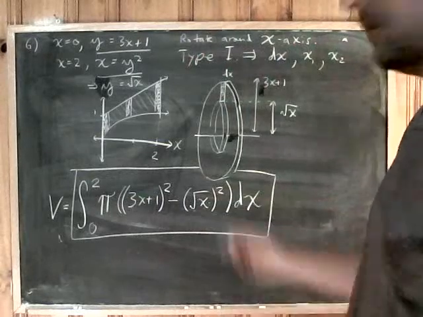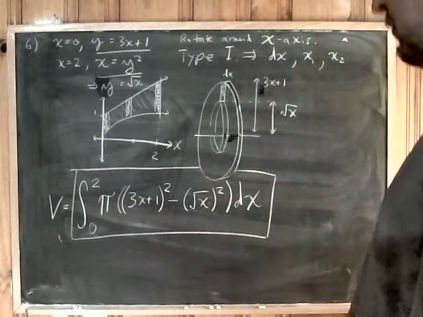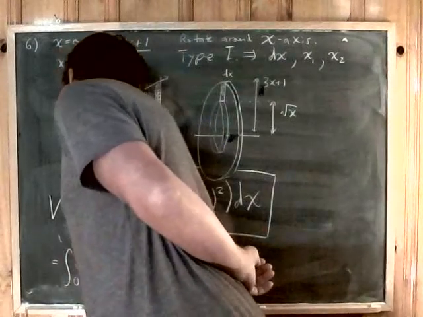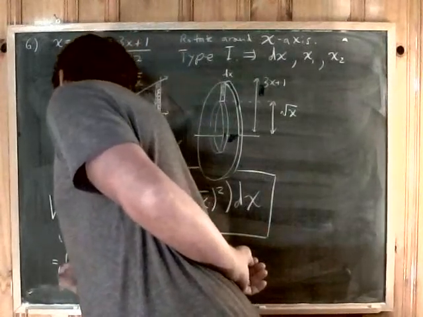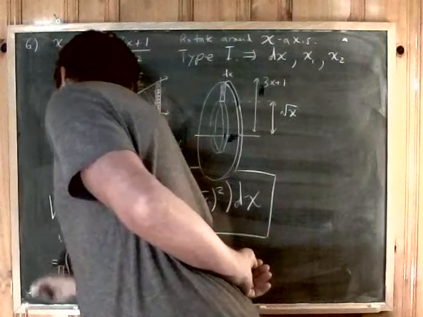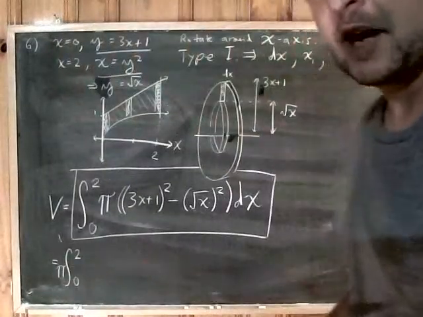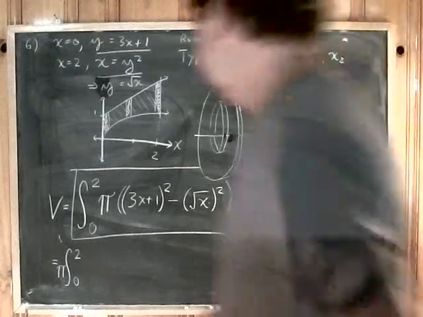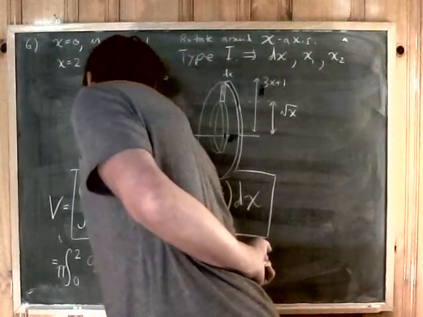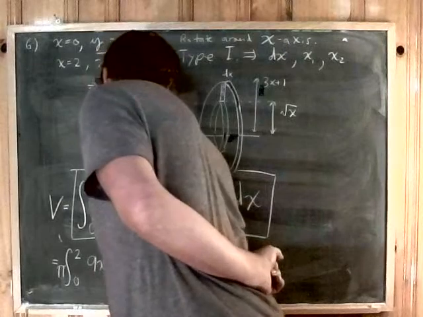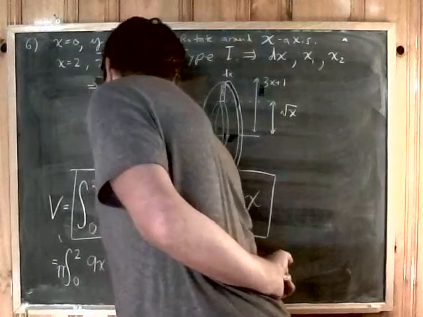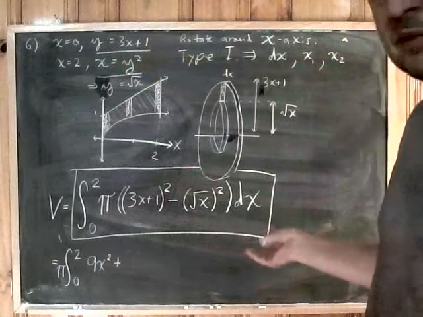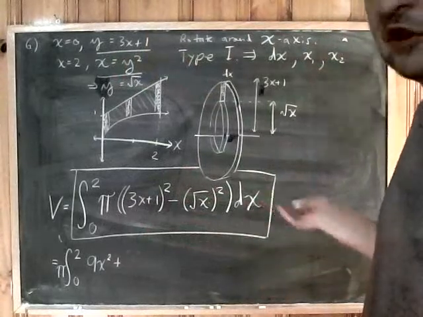0 to 2, so we don't have to worry about negative square roots and a square root of a negative. And 3x plus 1 squared, we'll have to FOIL that out. So it'll get 0 to 2. It is quite possible to pull the pi outside of the integral, since it's just a constant multiplier. And inside I'll have 9x squared plus, and you can multiply those 3x plus 1 times 3x plus 1, and you have first, outer, inner, last.